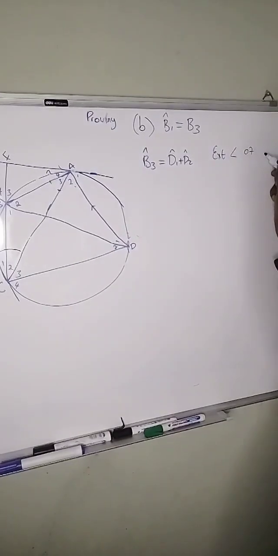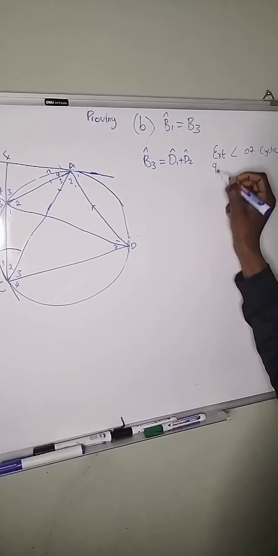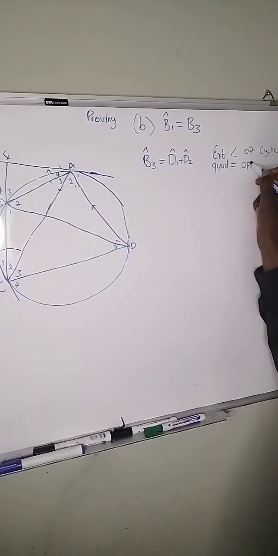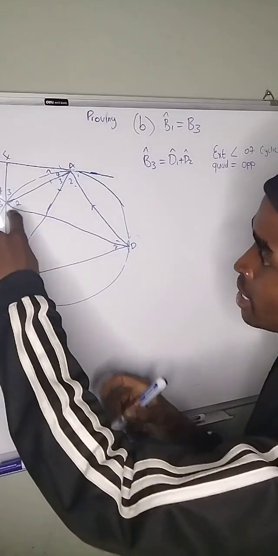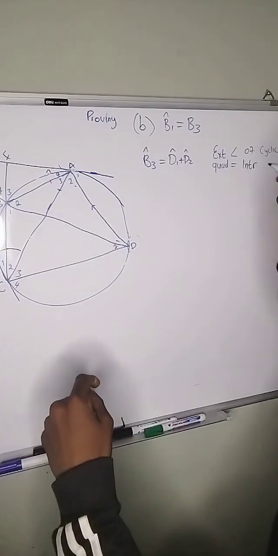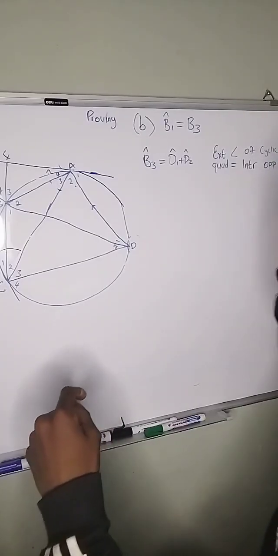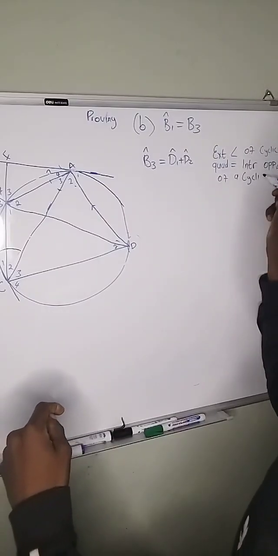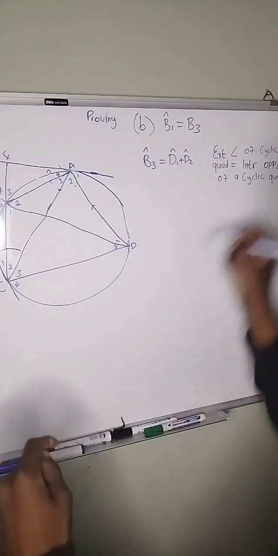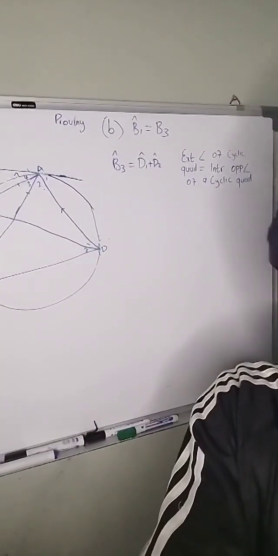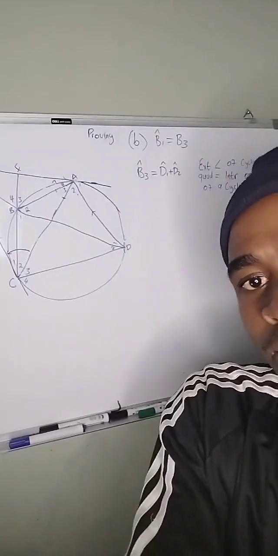Exterior angle of a cyclic quad is going to be equals to the interior opposite angle of a cyclic quad. Yes, the reasoning is way too long. I hate long reasoning. Ne? So let me take this back so that people can see.